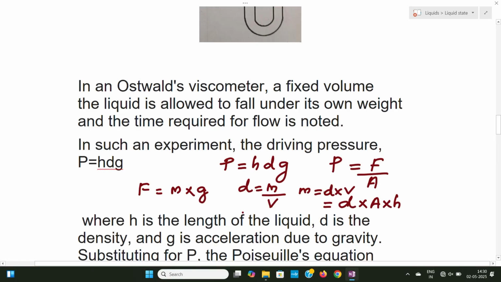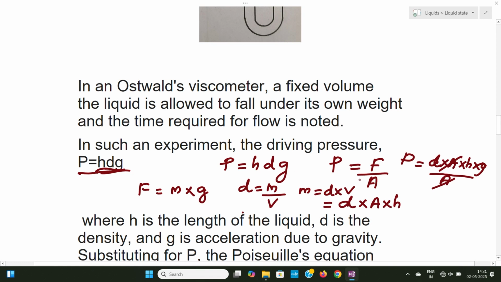If we substitute all these values in the equation, P is equal to F by A, which is d into A into h into g divided by A. The area A gets cancelled, and then P is equal to hdg. Therefore, in this experiment, the driving pressure is hdg.